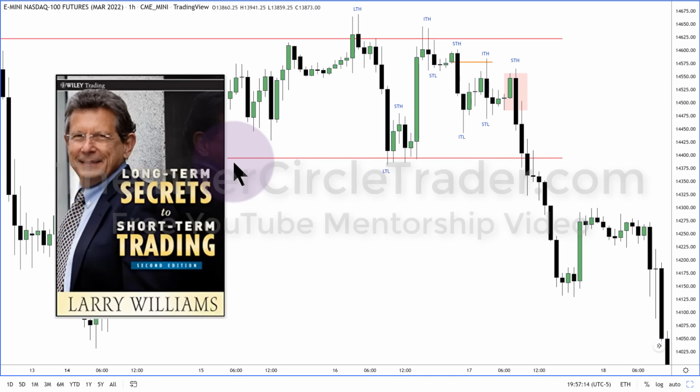I kind of pioneered this idea. See a lot of these Instagram guys out there saying they pioneered something in the last 2 years of trading. The idea of an intermediate term high not being higher than the short-term high to the left of it or the short-term high to the right of it. In other words, it's going lower.